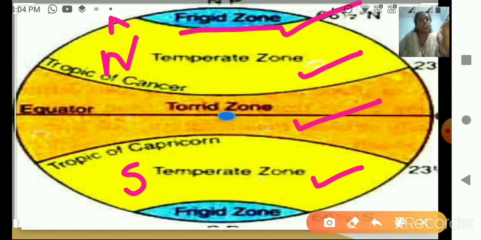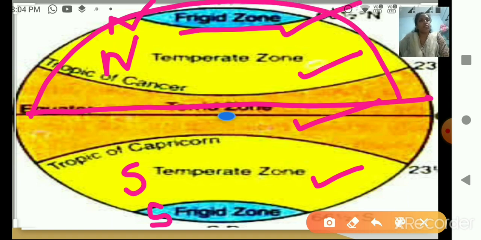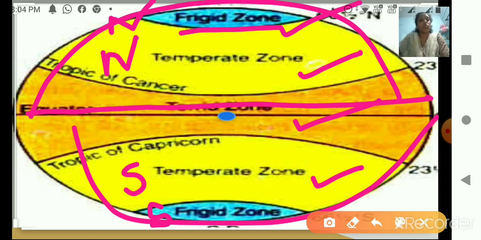This is called the north frigid zone, and this is called the south frigid zone. The zones which are in the north are called north zones, that is north temperate zone or north frigid zone, whereas the zones which are in the south are called south temperate zone or south frigid zone.